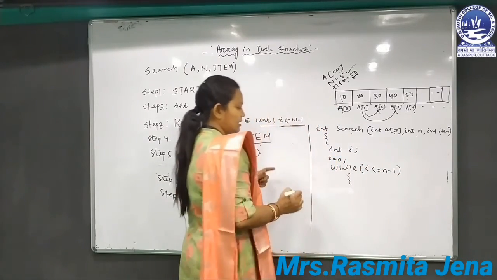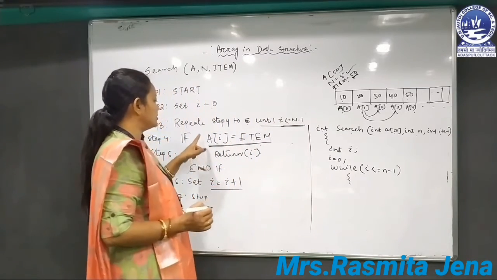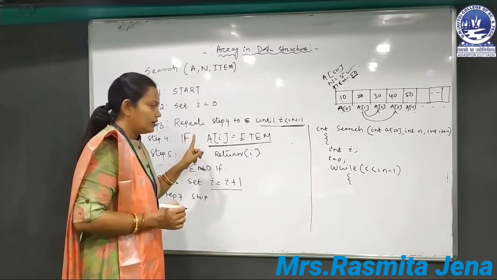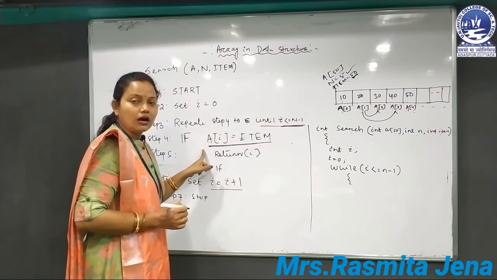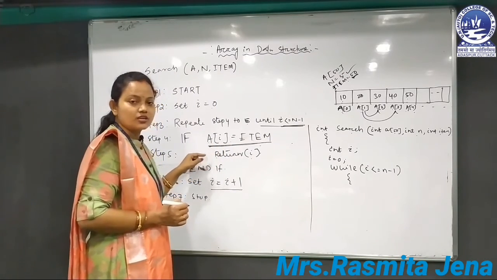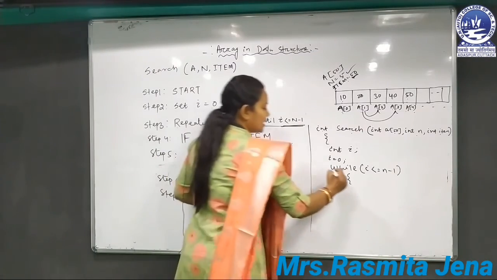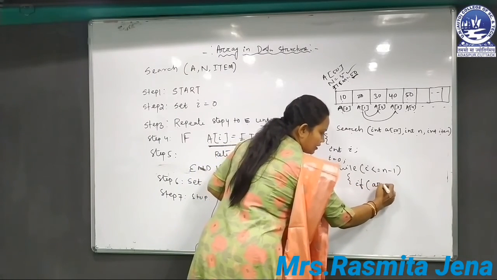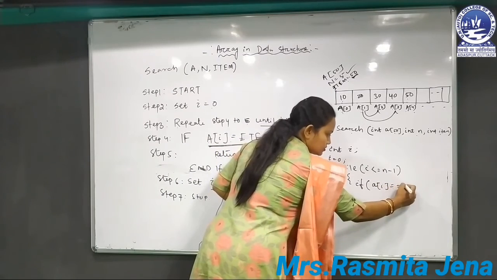Then inside the loop, the first statement is we have to check whether the searching element is matched with the array element or not, by using an if statement. So for that I can write simply if a of I equals to item.